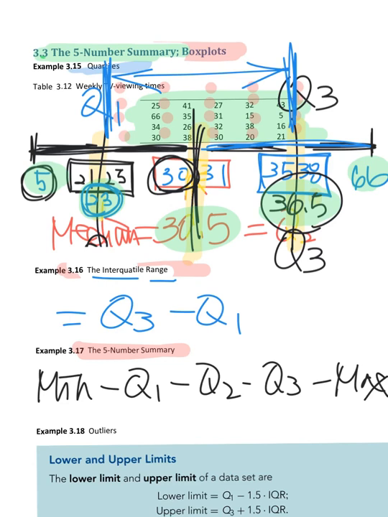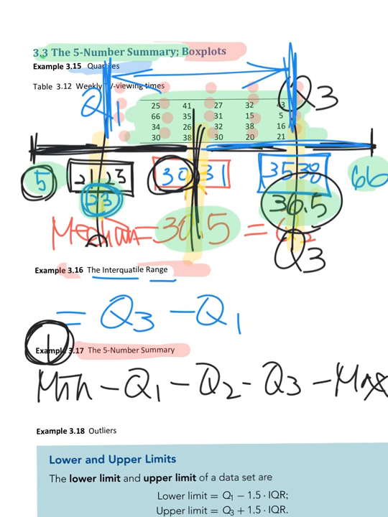Now we are trying to make the box plot. It's actually step number 1. My note is messed up because I just followed the examples 3.15, 16, 17. But actually, take the five numbers, that is step number 1 to make the box plot.